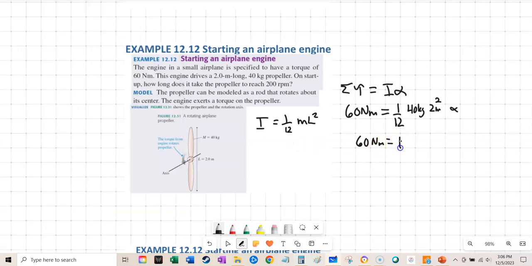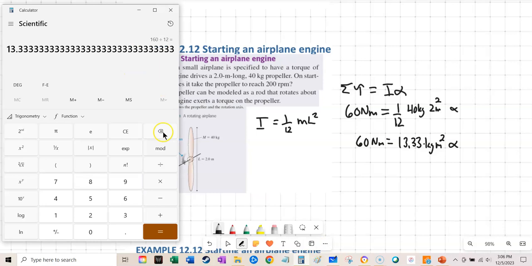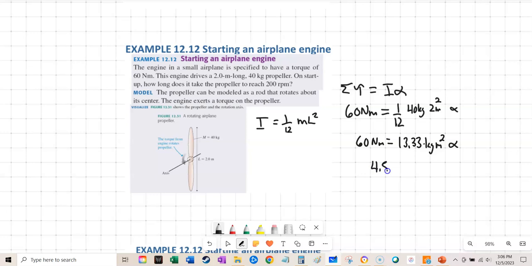So this is going to be 13.33 repeating kilogram meters squared of moment of inertia times alpha. So we're going to flip it and multiply it by 60. So 60 divided by 13.33. This is going to be 4.5 radians per second squared, and that's going to be alpha.